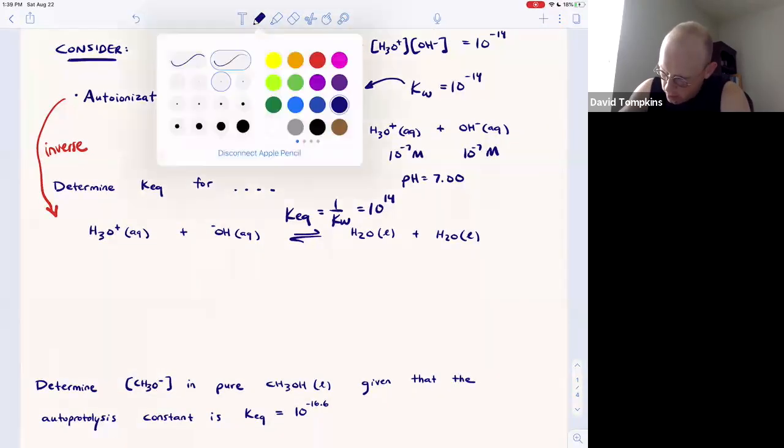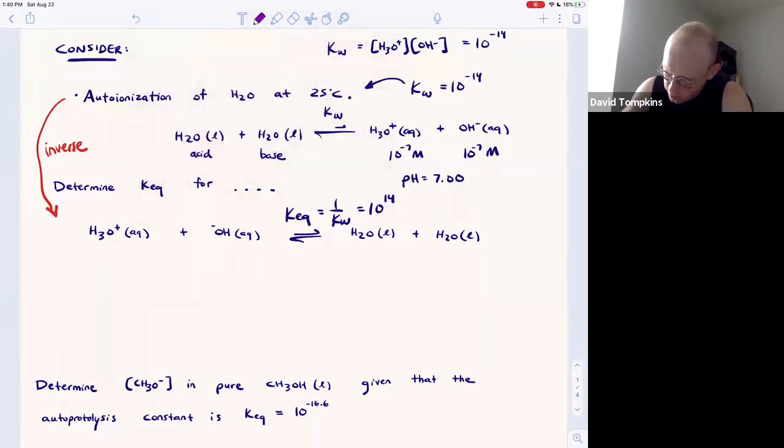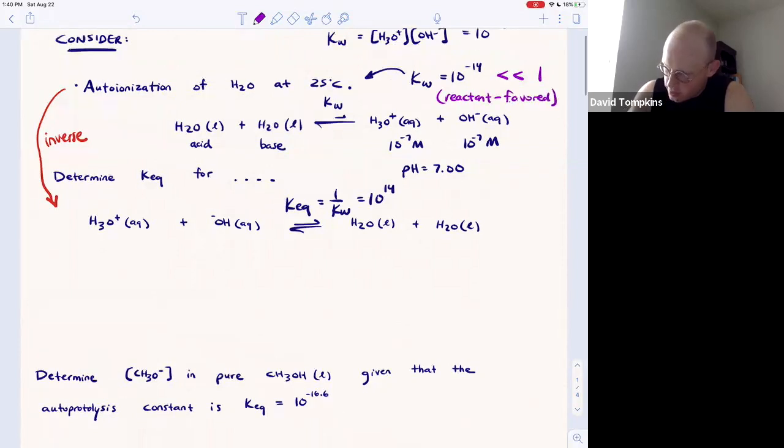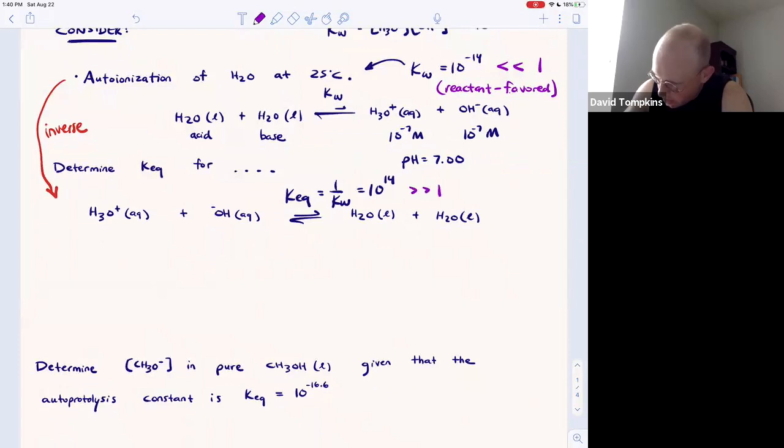So while the autoionization was very much reactant favored because Kw was much less than 1, now this reaction is going to be product favored since 1 over Kw is much greater than 1.